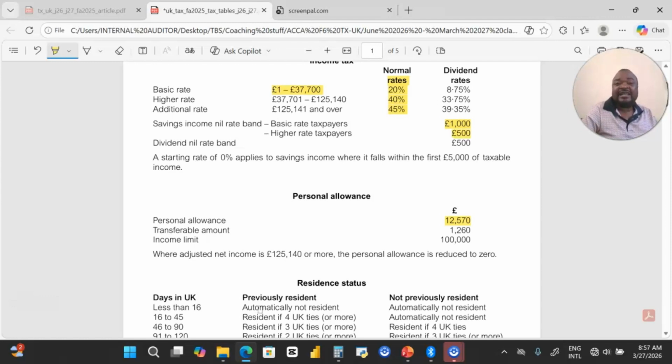Is this guy a basic rate or a higher rate taxpayer? We have determined that he is a higher rate taxpayer. So in that case, he is entitled to the 500 pounds. The first 500 pounds is not going to be taxed.